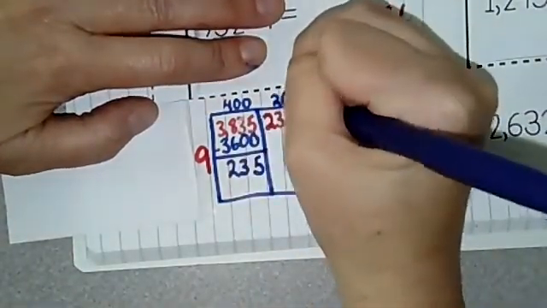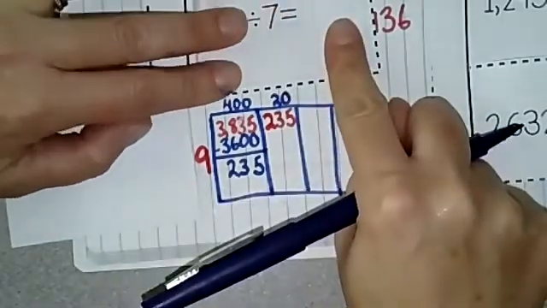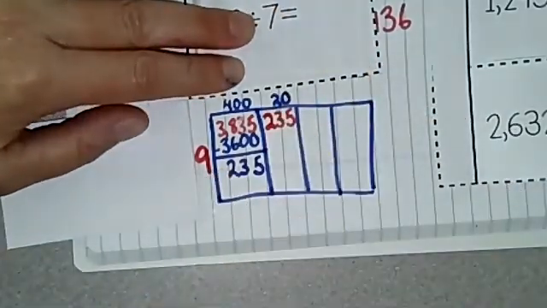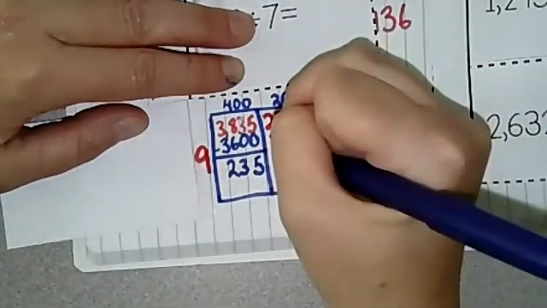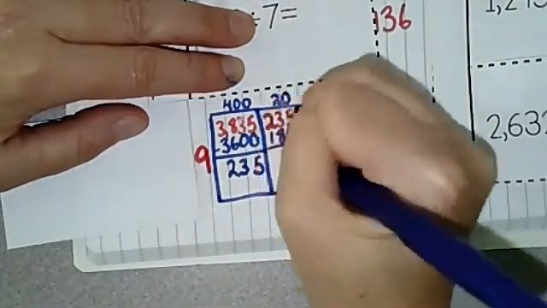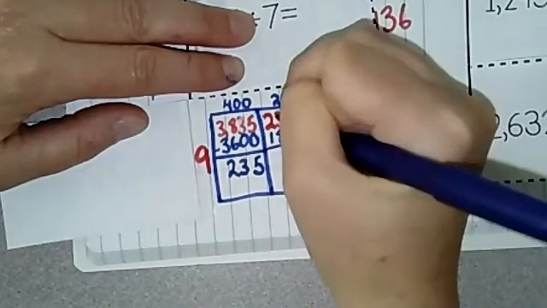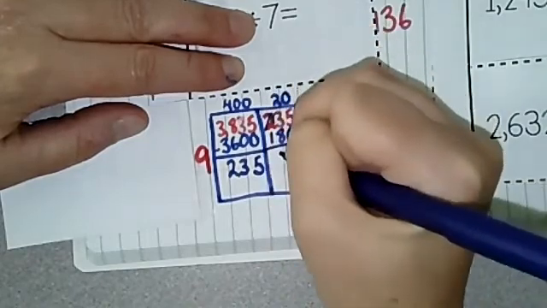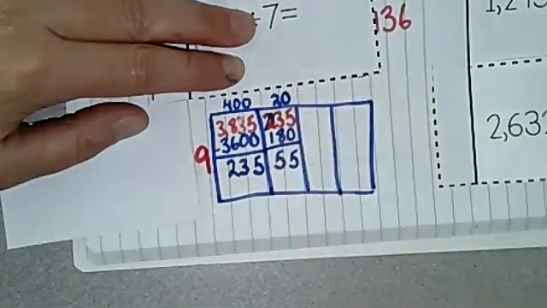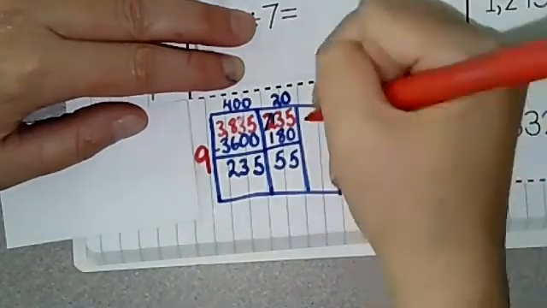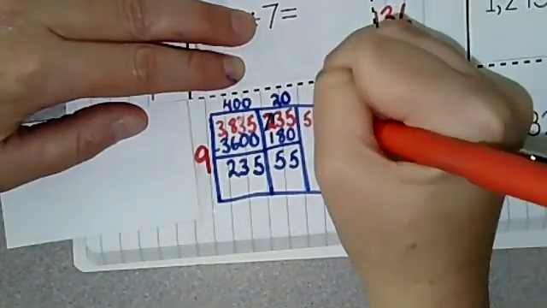Do 20. Do easy numbers. Easton, what is 20 times 9? Very good. That's what you should subtract. When you subtract, you get 5. And this turns into 13. 13 minus 8 is 5. All right, move that up. So I got 55. All right.